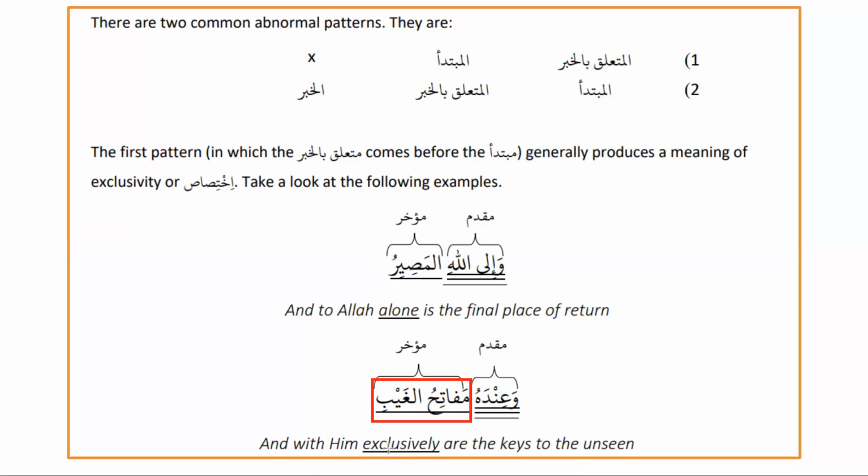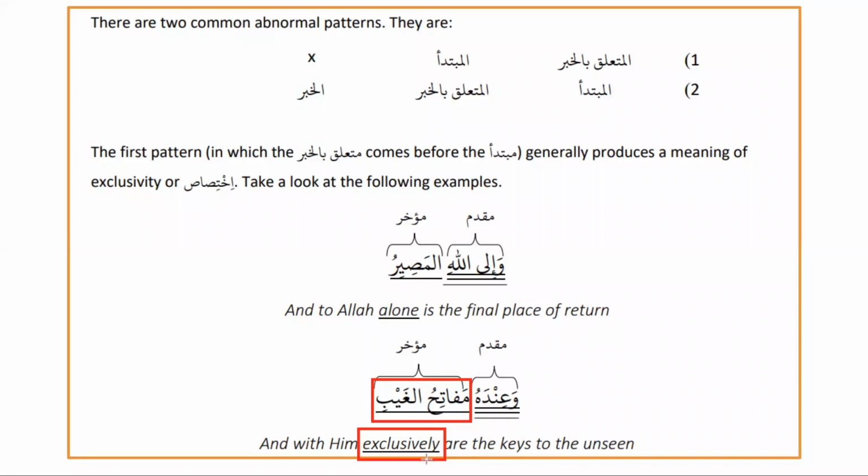Again, there is exclusivity. With him exclusively are the keys to the unseen. So this exclusively is not there in the words of this Jumlah Ismiyah, this sentence.